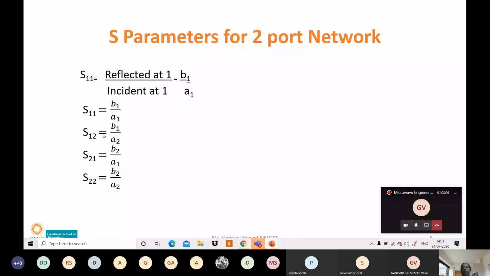So we can say that for a two-port network, only four S parameters are possible.